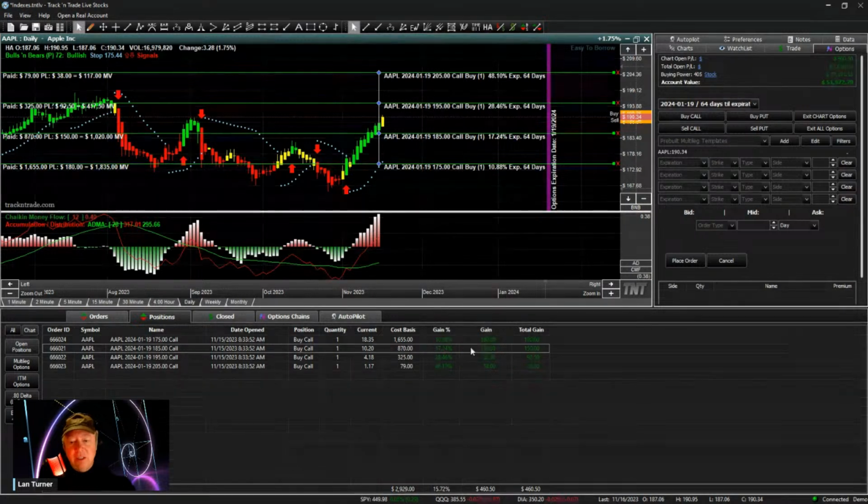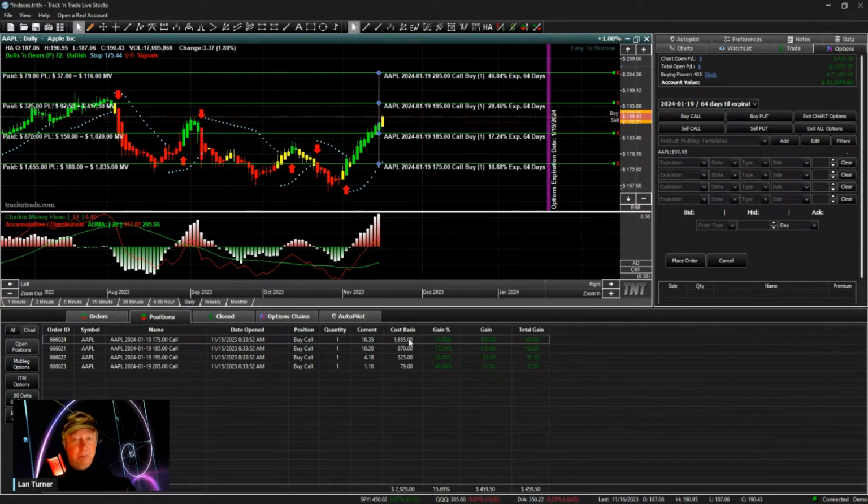So you can see $870, the 17% was $150 in profit, but the one that you paid $1,655, that was a bigger investment into the market, right? You made less percentage, 10%, but the gain was $175, a greater dollar amount. So you have to weigh that out in your mind. Which one do you want? And as we go through this class, we'll talk about different reasons why you want to do one versus the other and the advantages and disadvantages.